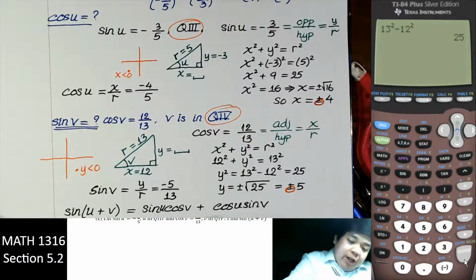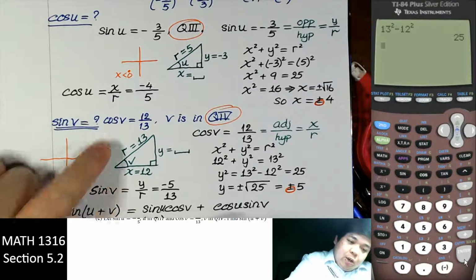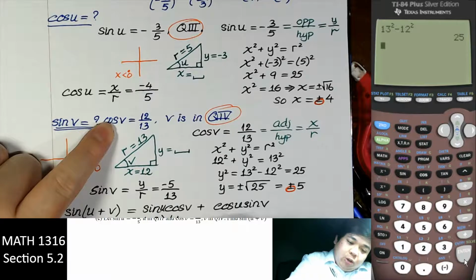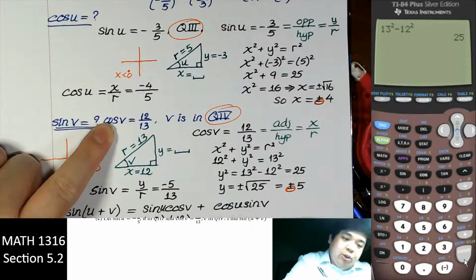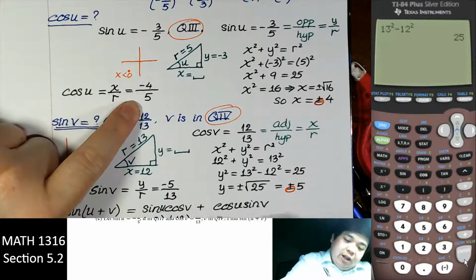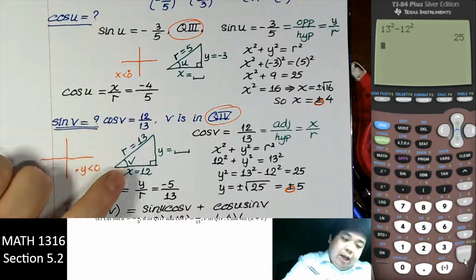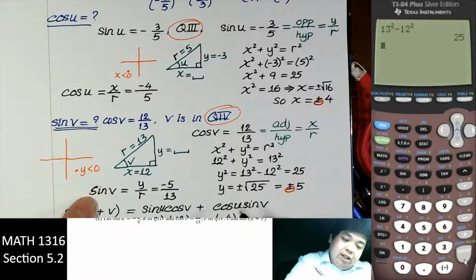Sine of u is negative 3/5, cosine of v is 12/13, cosine of u is negative 4/5, and sine of v is negative 5 over 13.